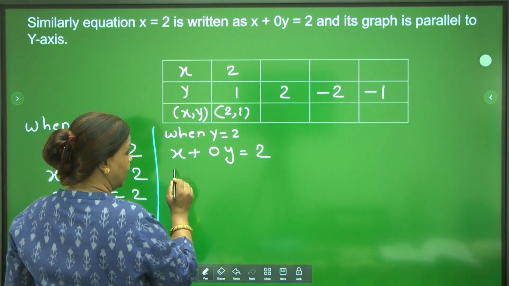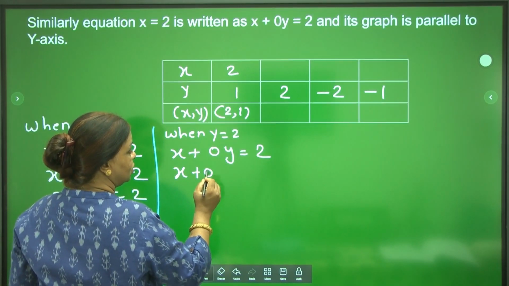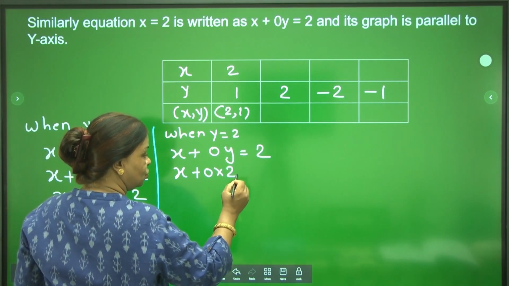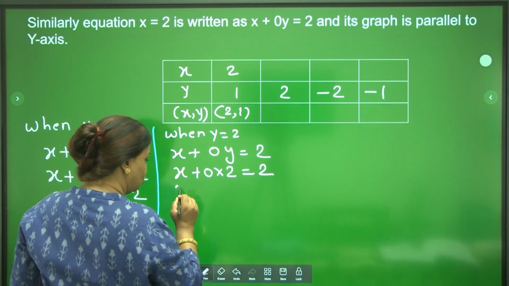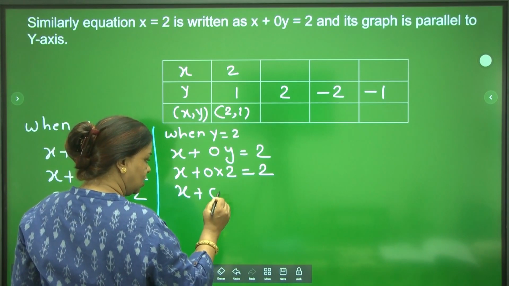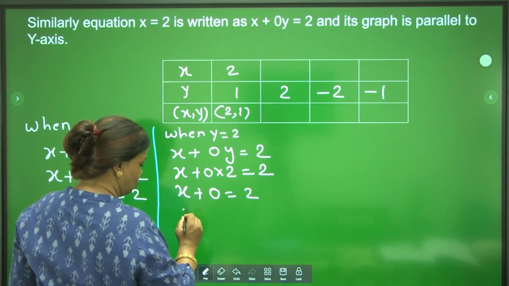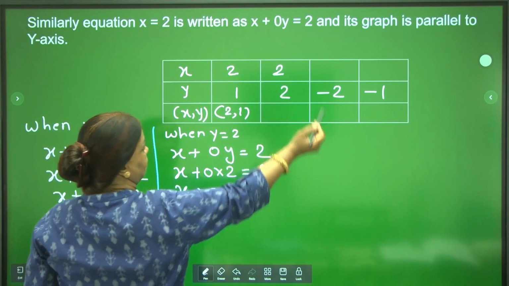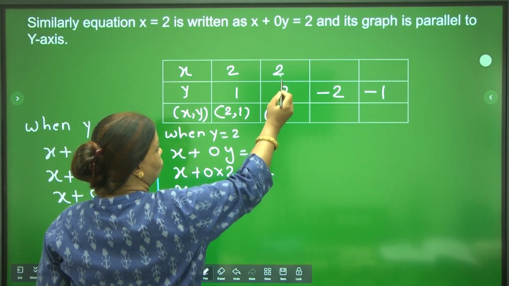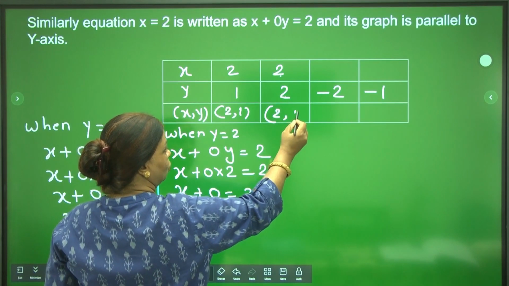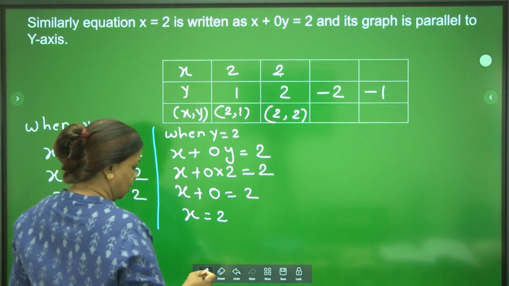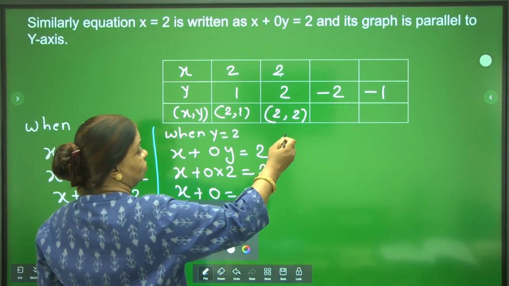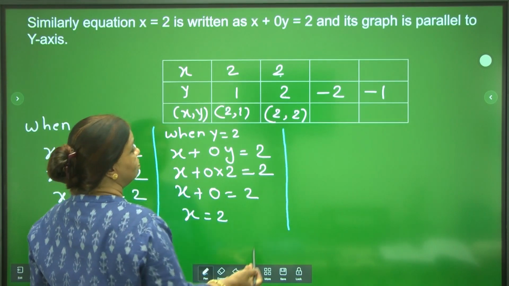So y is 2, x plus 0 into 2 is equal to 2. So x plus 0 is equal to 2. So x is equal to 2 again. So your coordinates are 2, 2. When y is equal to minus 2.